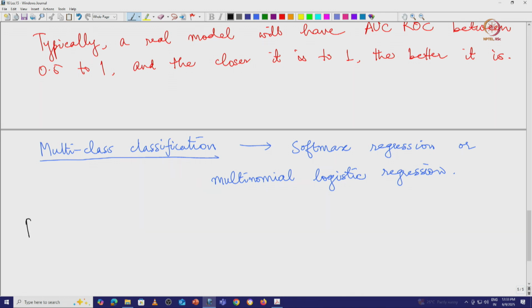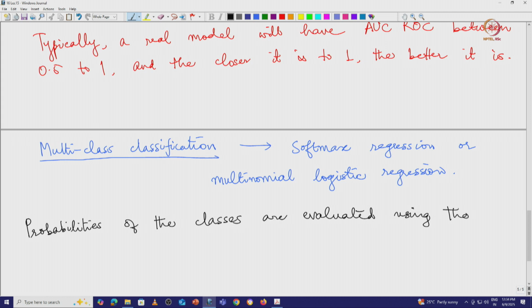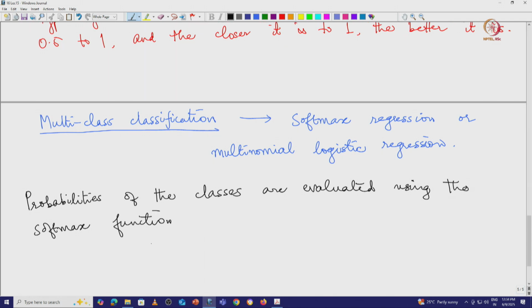The probabilities of the classes are evaluated using the softmax function, instead of the logistic function which we had used for binary classification. So, this function looks as follows.